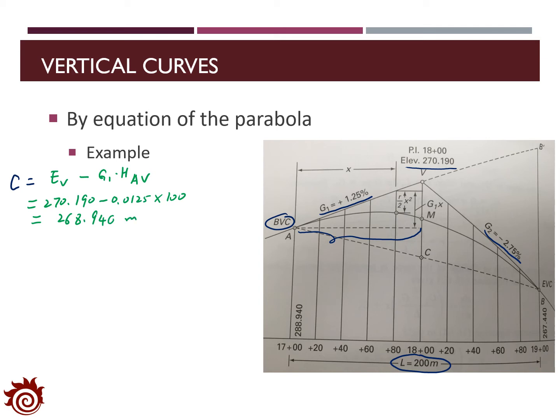And then we can find out the value of r for the equation of the parabola. We have r equal to (G2 minus G1) divided by L. So that is minus 0.0275 minus 0.0125, divided by 200.